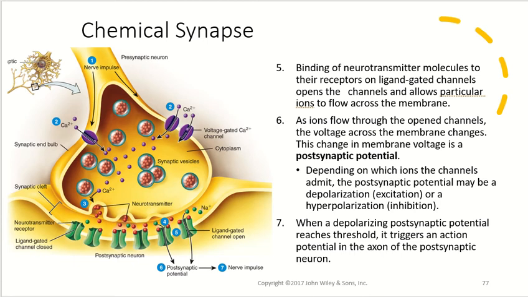It's going to cause the production of another action potential, or it can be hyperpolarizing, where it's inhibitory and it prevents an action potential from forming. And then our last step is when a depolarizing postsynaptic potential reaches threshold, it's going to trigger an action potential in the axon of that postsynaptic neuron.